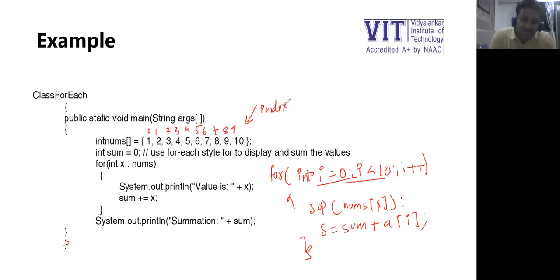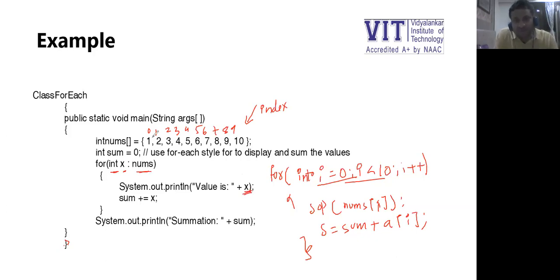Now, what happens in case of for each? We don't have to specify the range. It's like I'm saying for every student in a class, they can move out. So I'm not specifying the range from this index position to this one. It reads as for each integer x in array nums. And this x is not the index here, this x is the element.